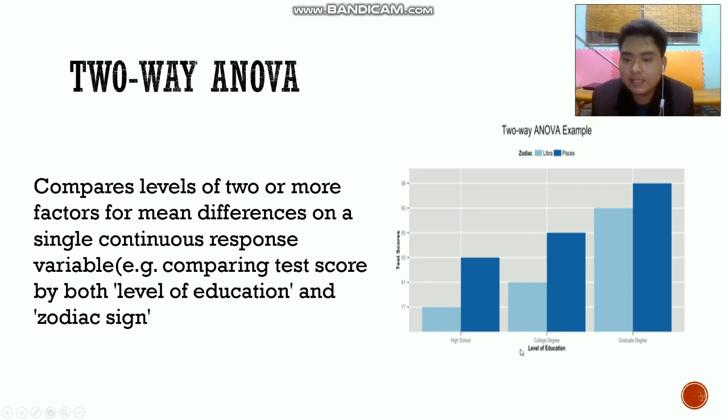The test score describes the dependent variable, and we have the zodiac sign and the level of education. In high school, we have 77 for Libra of zodiac sign with a 53 for level of education in high school. In the highest, the graduate degree, we have a 93 test score on zodiac, while in the level of education, we have a 99 score. Next.